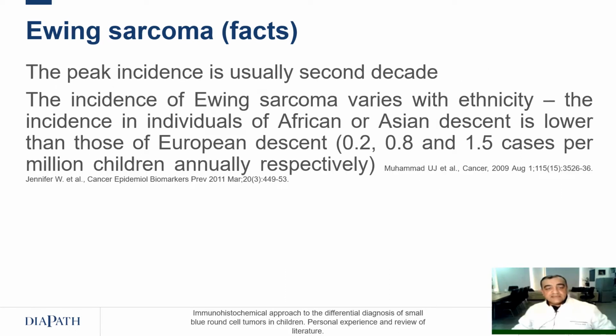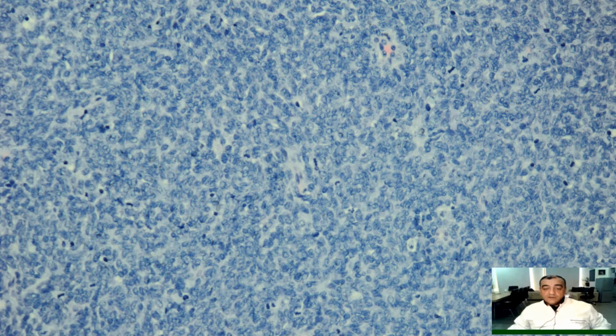The peak incidence is usually in the second decade of life, and interestingly, the incidence of Ewing sarcoma varies with ethnicity, and the incidence in individuals of African and Asian descent is 2 to 3 times lower than those of European origin. Let's go to our case.